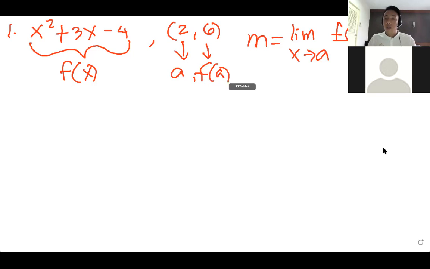So you need to know how to identify those parts first in the given equation and point. You need to take a screenshot for this one, because I will erase them.